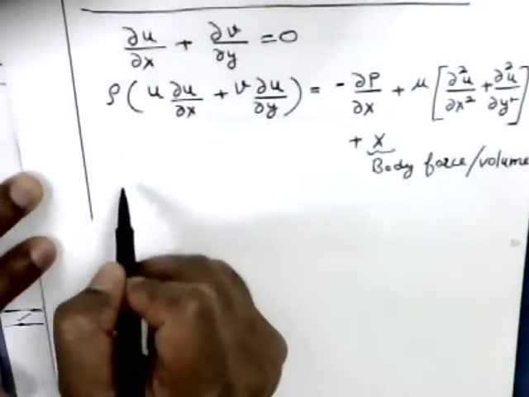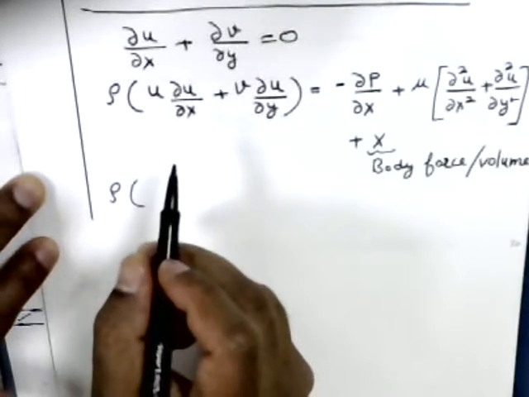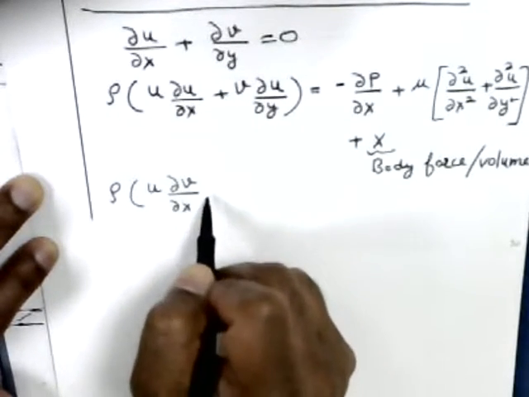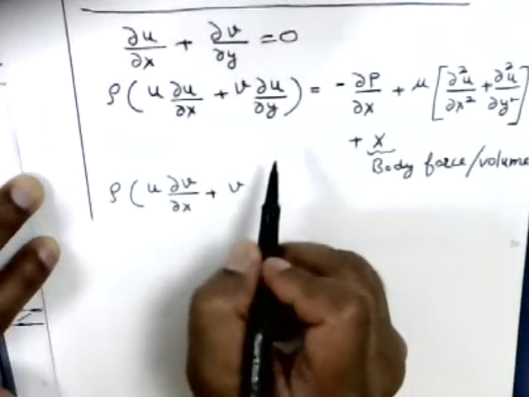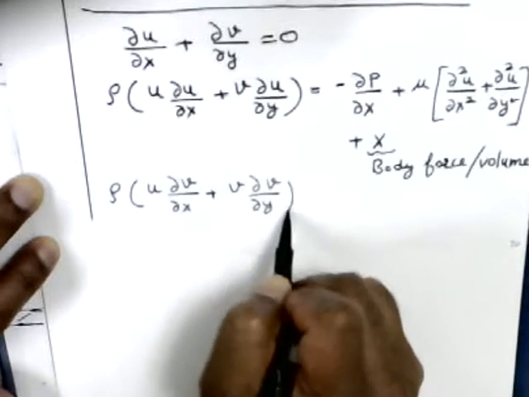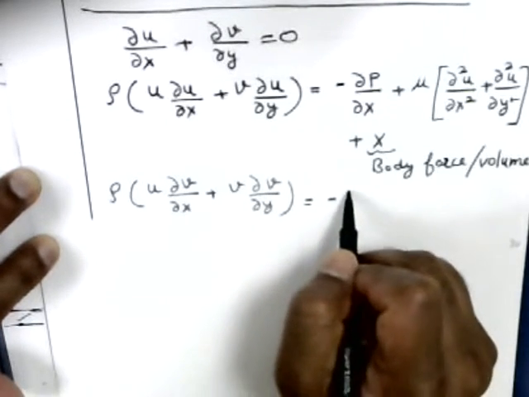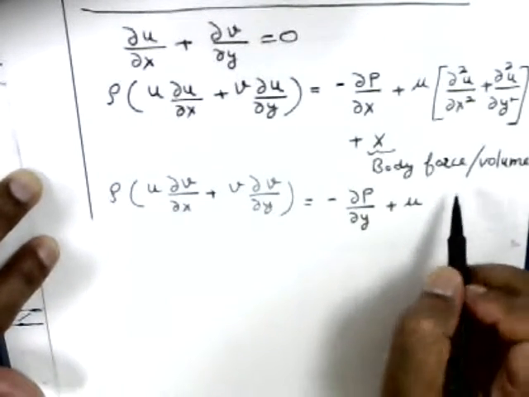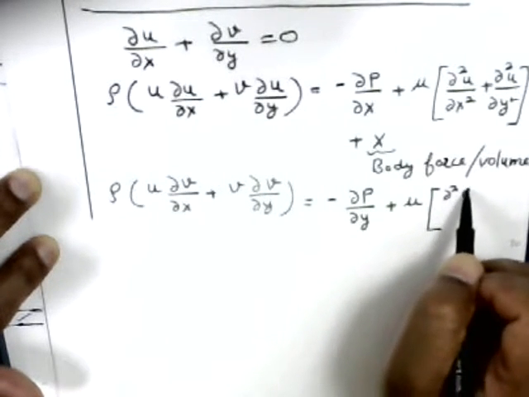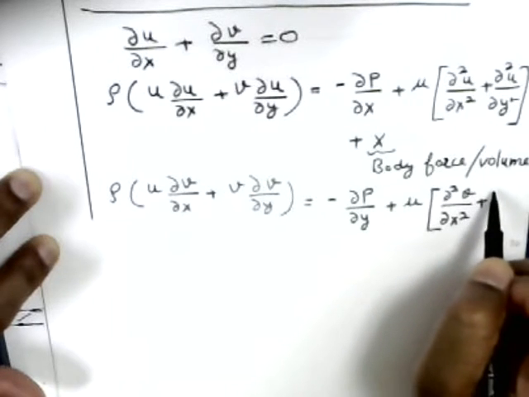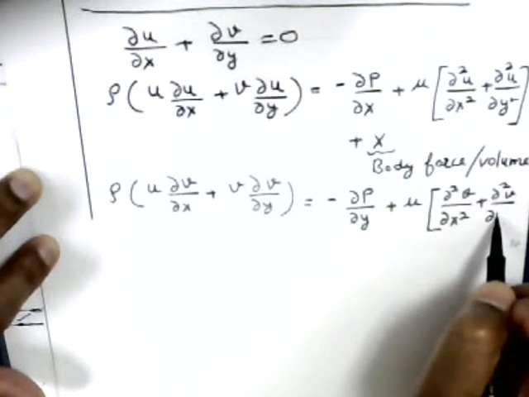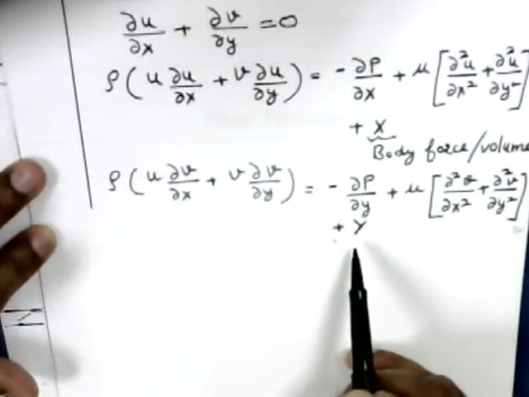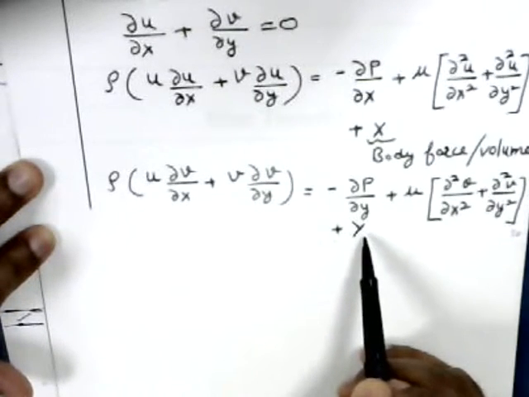We can write a similar equation in the y direction. That will be rho times u del v del x plus v del v del y equals negative del p del y plus mu times del square v over del x square plus del square v over del y square, plus Y. And this Y is body force per unit volume in the y direction.